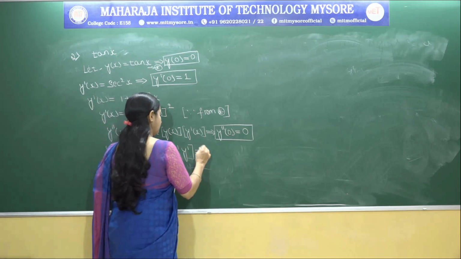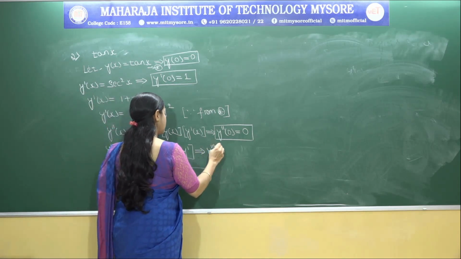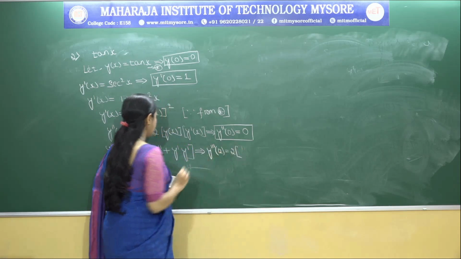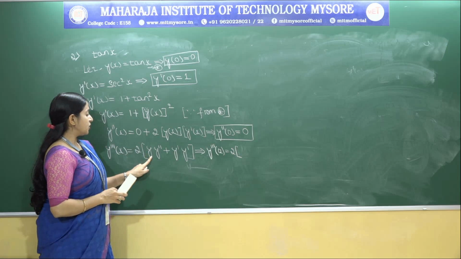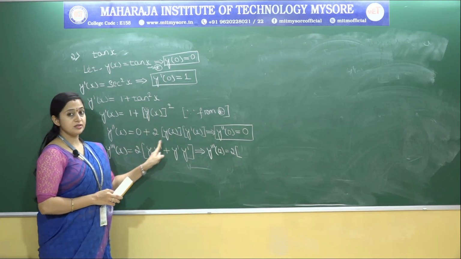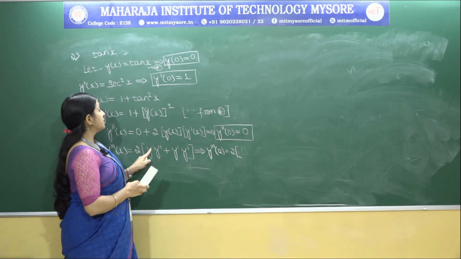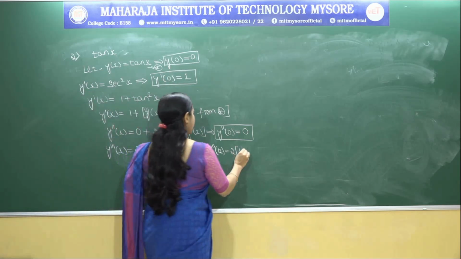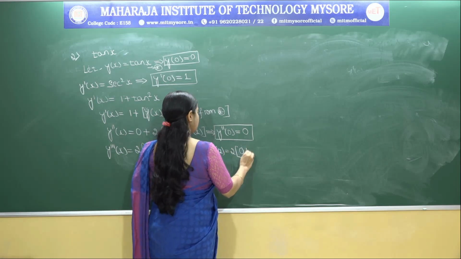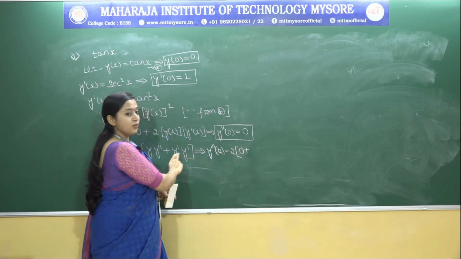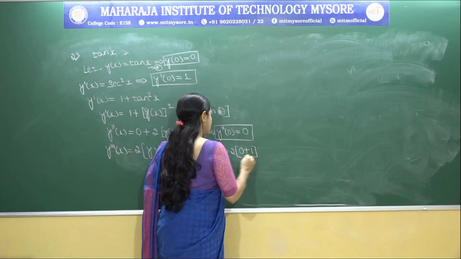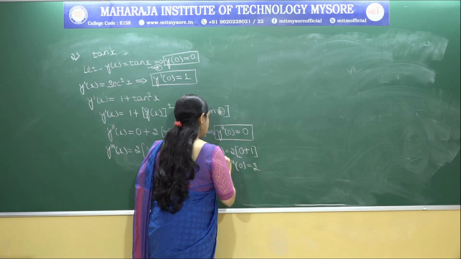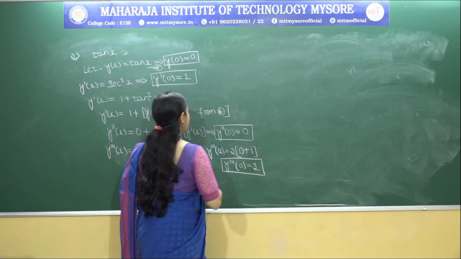In this step, put x equal to 0. So the third derivative of 0 is 2 times the whole term. Since y of 0 is 0, we get 0 in the first term. Since y dash is 1, y dash into y dash is 1 into 1, so you get 1. So the third derivative of 0 equals 2.